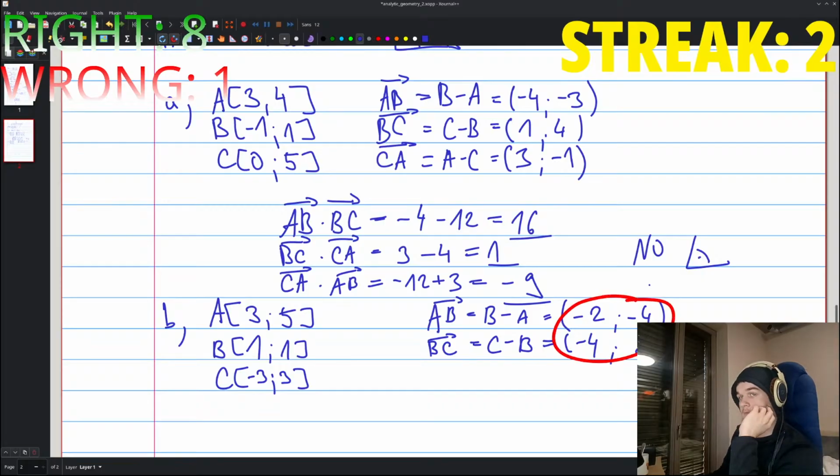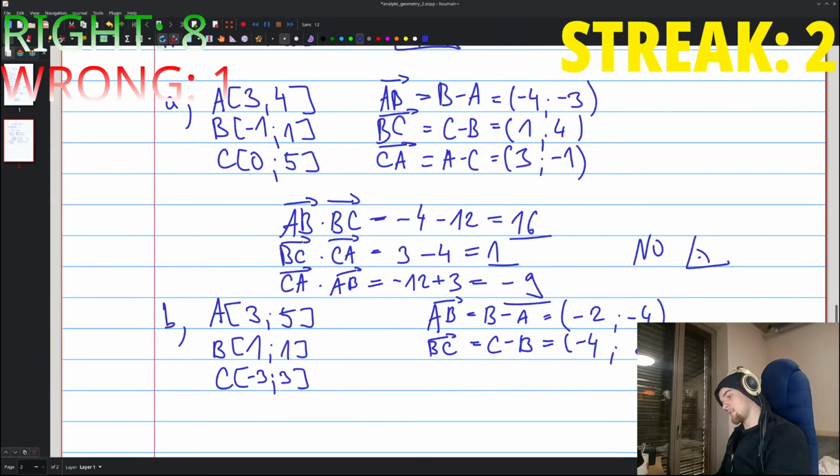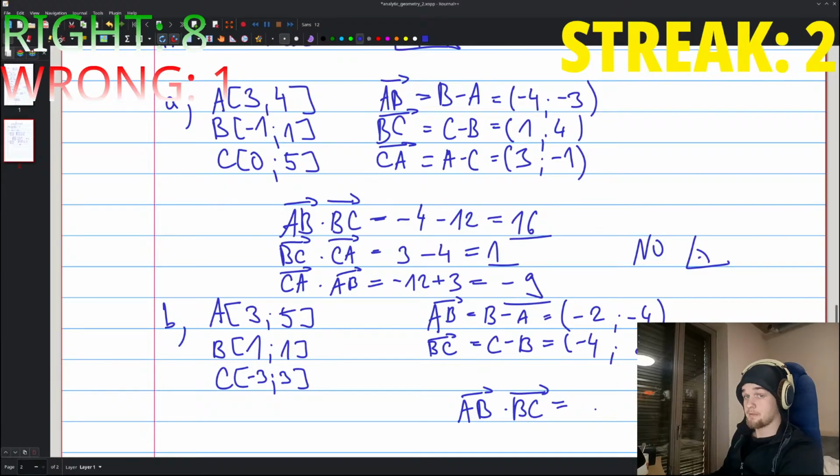This already looks very suspicious. Yeah, that is the right angle between these guys. So I don't even have to continue, because they are just asking whether there is a right angle. And also, I think if you have one right angle, if it's a triangle, then that's it. But to quickly verify, trust but verify. Okay. We have minus 8.